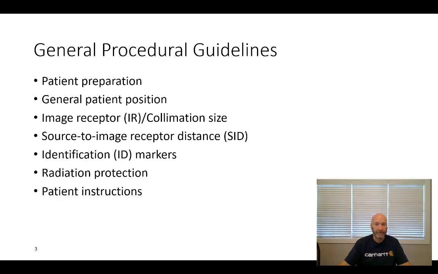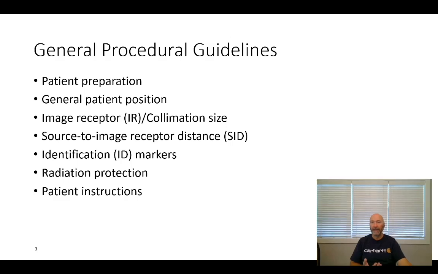Source to image receptor distance, if at all possible, on a chest X-ray, we're going to use 72 inches. Sometimes you can't get 72 inches, you're going to have to settle for 40, but if at all possible, you need to try to get 72 inches. And the reason for that is because magnification of the heart becomes an issue. Your heart is more anterior than posterior, but you can't put your heart all the way up against the image receptor.